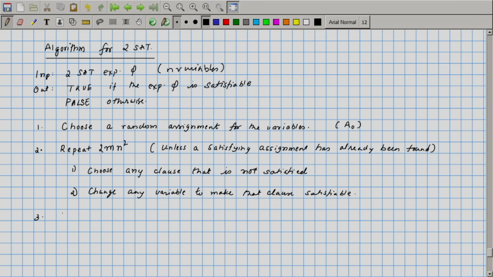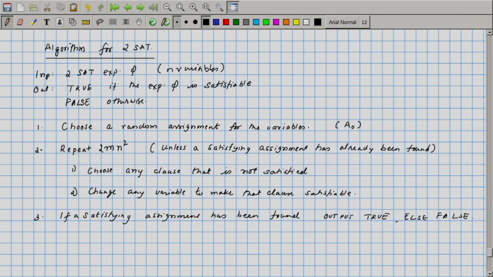Okay, and then if a satisfying assignment has been found, output true, else false. So, this is our algorithm.